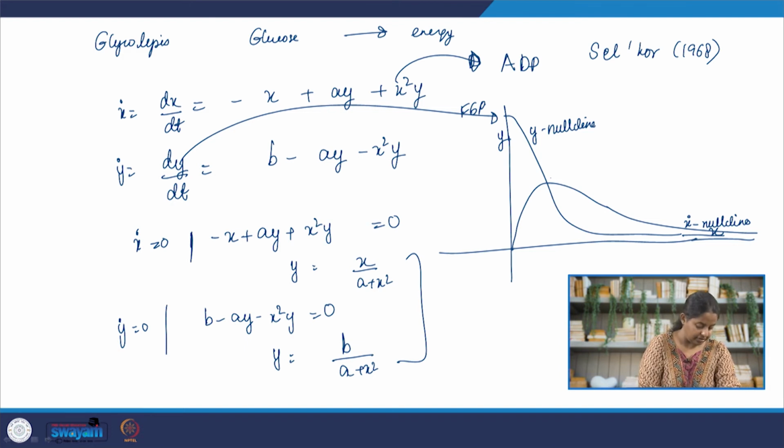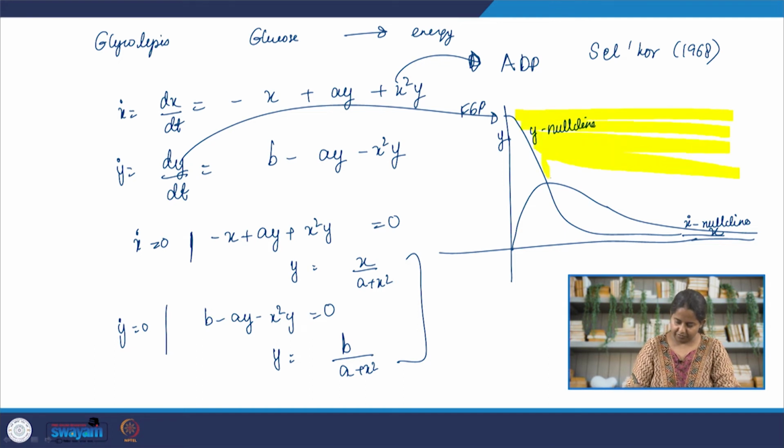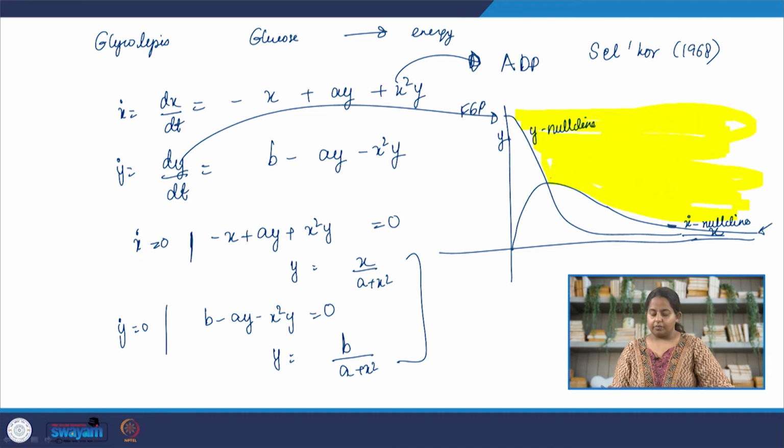So, let's look at this region first, the biggest region, this region that I've highlighted in yellow. So, in this region, this is our x nullcline. Now, we want to find out what is the sign of the x and y derivatives in this highlighted region.